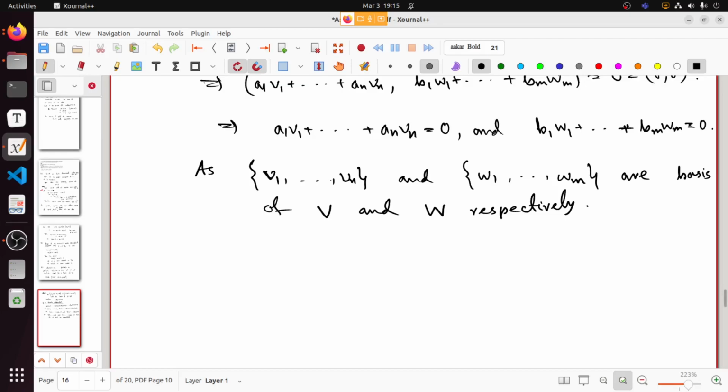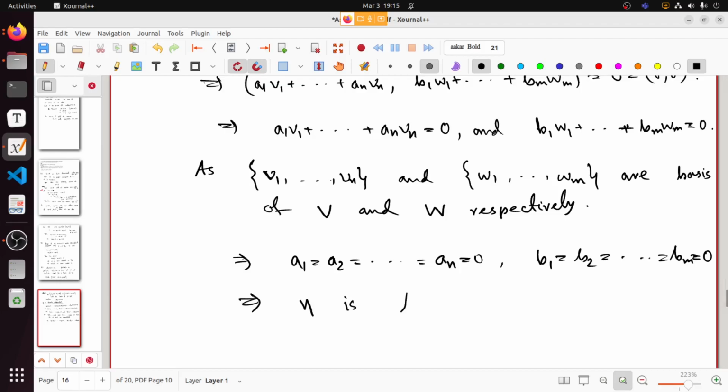So this implies A1 equals A2 equals ... An equals 0, and similarly B1 equals B2 equals ... Bm equals 0. So all the coefficients are 0, which implies that this set eta is linearly independent.